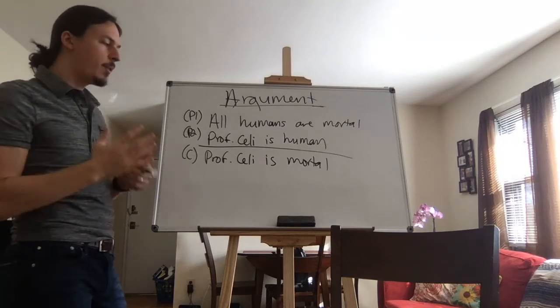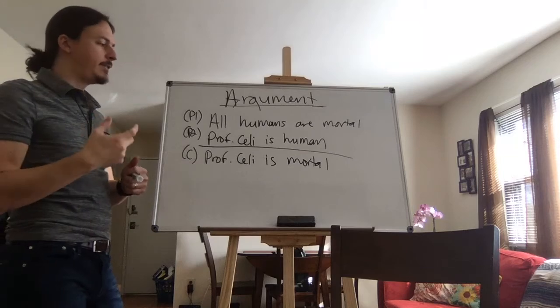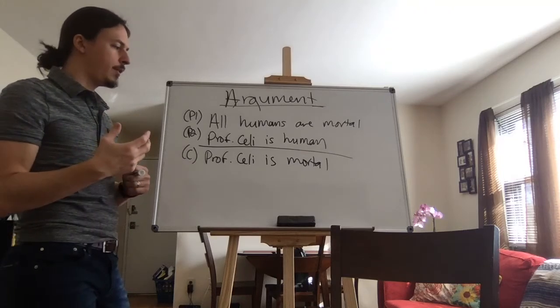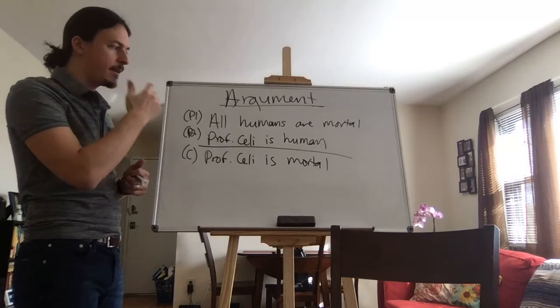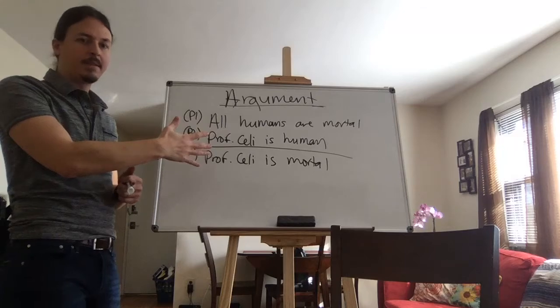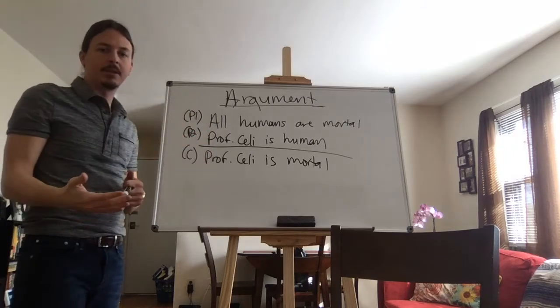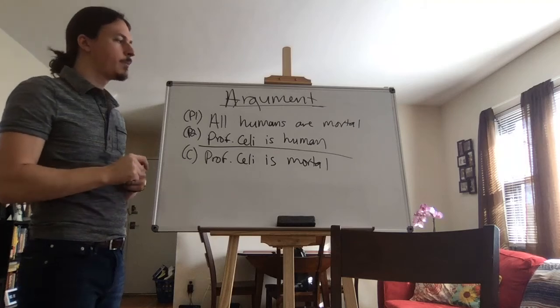So the best way, which is the longer way, is to do this thing I call the why test. Let's say you had all of these sentences arranged in a passage and they weren't breaking up nicely for you. You're just reading these three sentences and someone said, what is the conclusion?